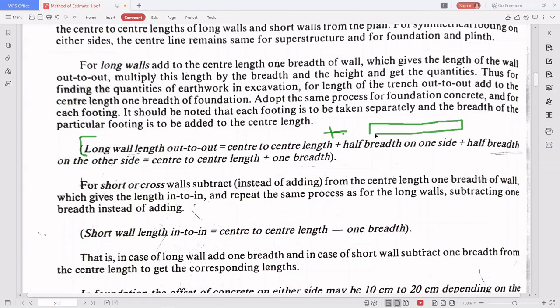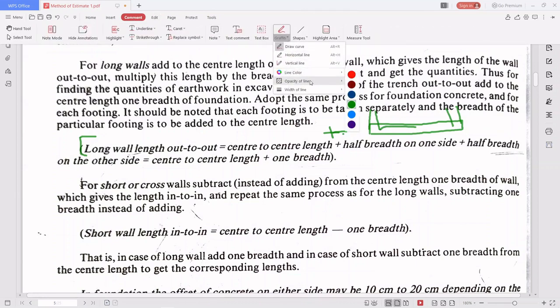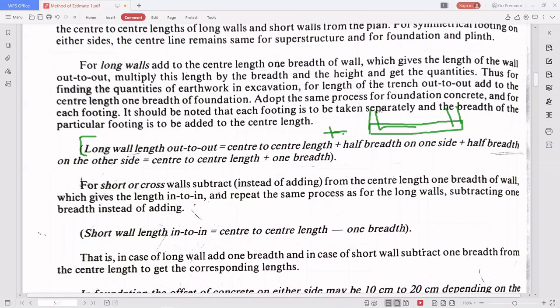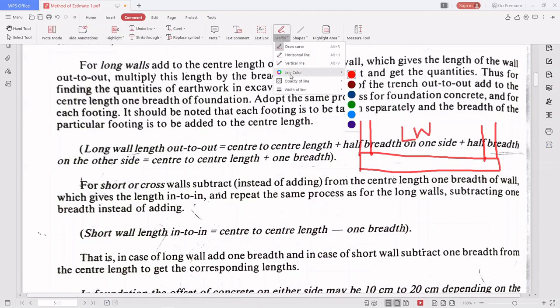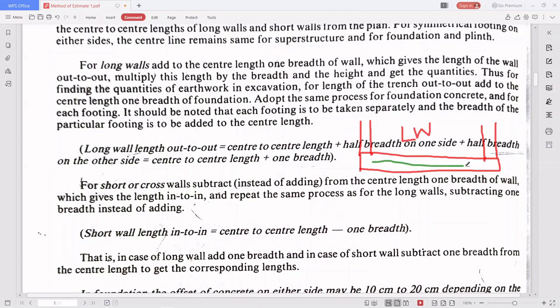If this is the wall, and you take this as the long wall, the center line is this. This is the center line length.